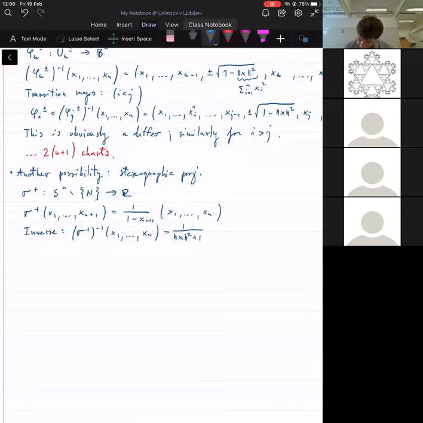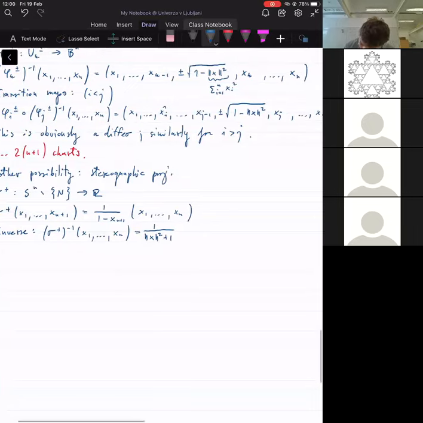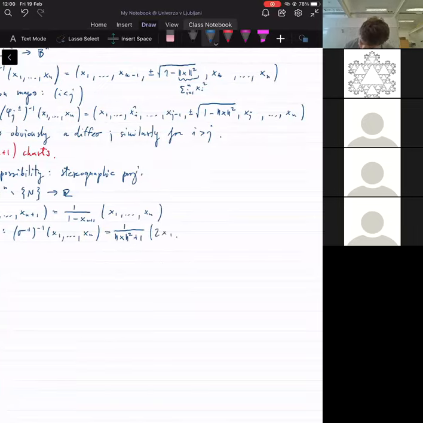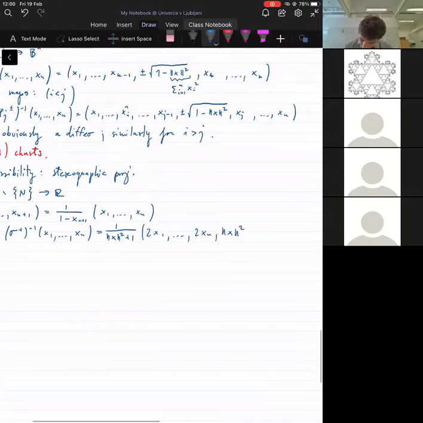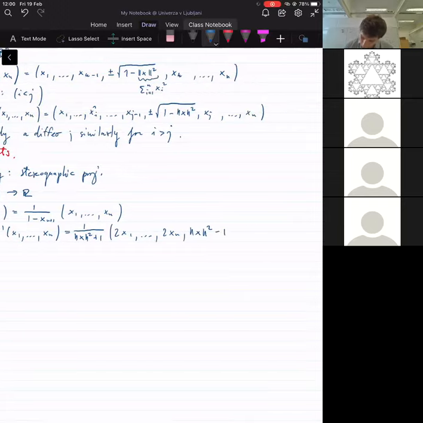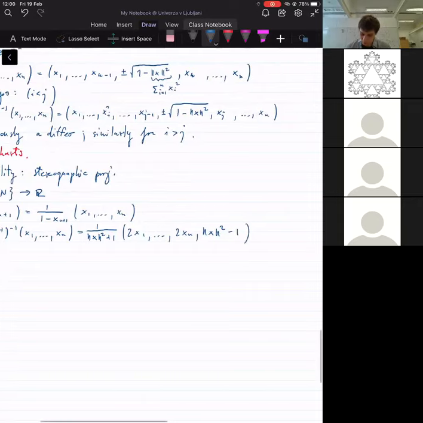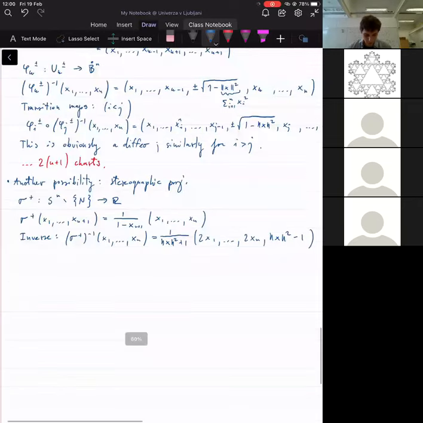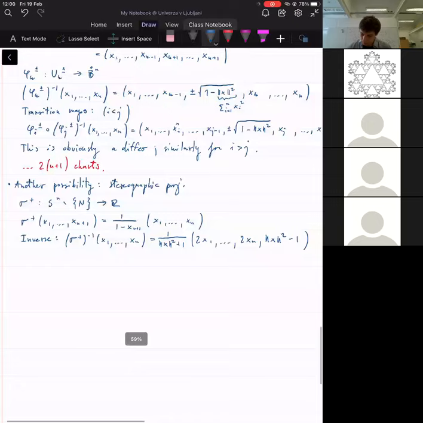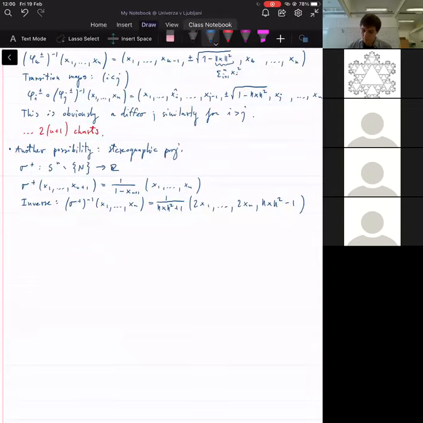So we have this in the denominator, and now we have 2x1, 2xn, and norm of x squared minus 1. And both of these are continuous, right?